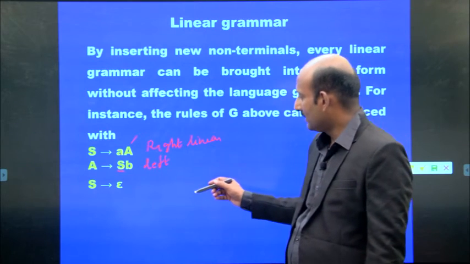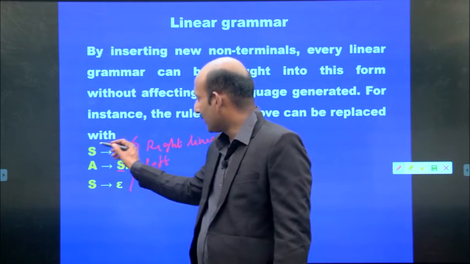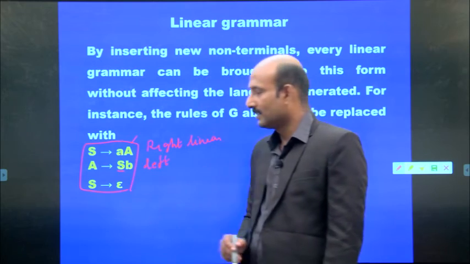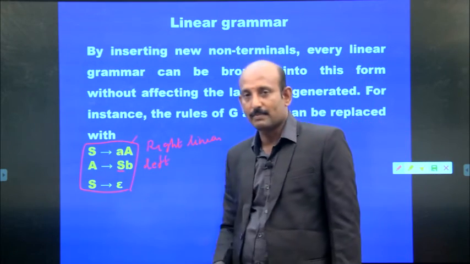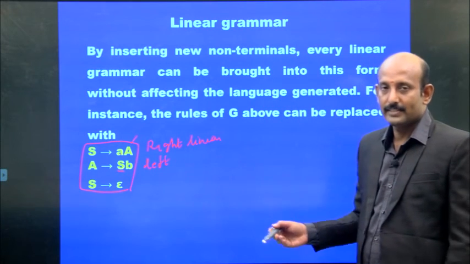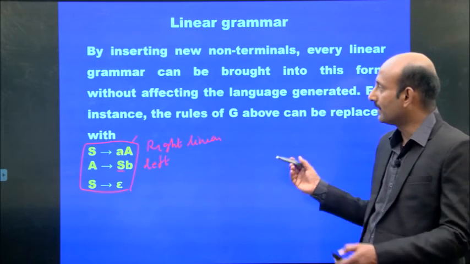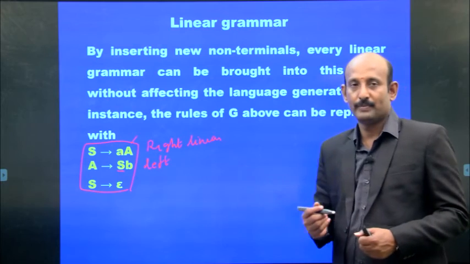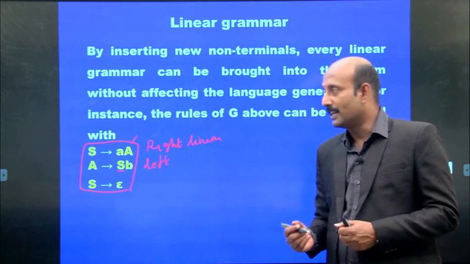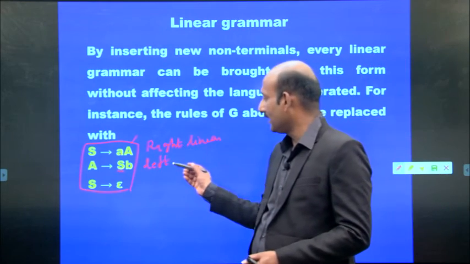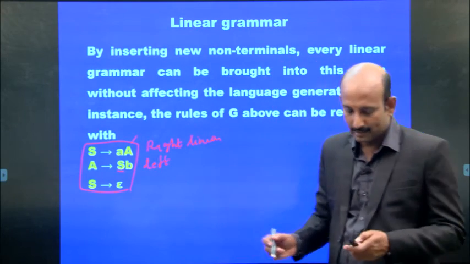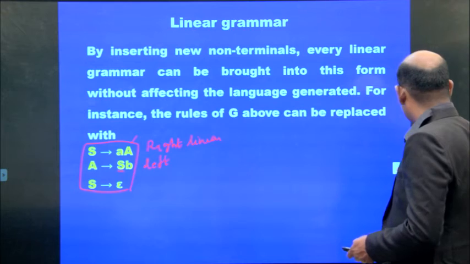So the grammar has this set of productions. These productions have combinations, either on the left hand side or on the right hand side, so it comes in mixed mode. This type is called a mixed mode because it has both right linear and left linear, which is another special type.